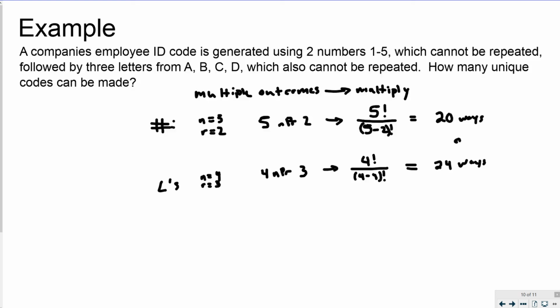So I'm going to multiply those, since multiple outcomes means multiply, and that gives me a total of 480 unique codes. So I could generate 480 unique codes before running out with those parameters. I hope the company is a small company, but if it was, it could definitely work out.